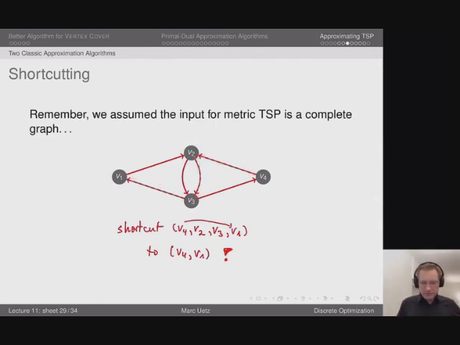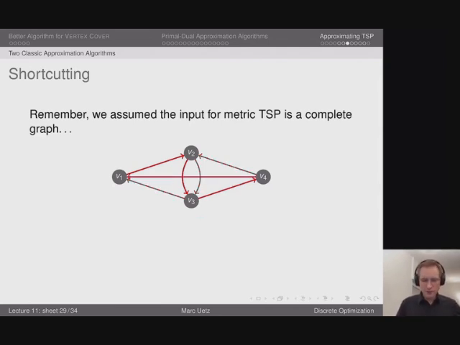And now the claim is, because of the fact that the graph is complete and because of the fact that we have a metric instance, this direct edge from V4 to V1 cannot be longer than this detour here. That's because we have a metric. So instead of walking from V4 to V2 to V3 to V1, we take the direct edge from V4 to V1, and we insert this, and we eliminate these provisional edges, and we will have obtained a Hamiltonian cycle, which has length at most that of the Euler tour.